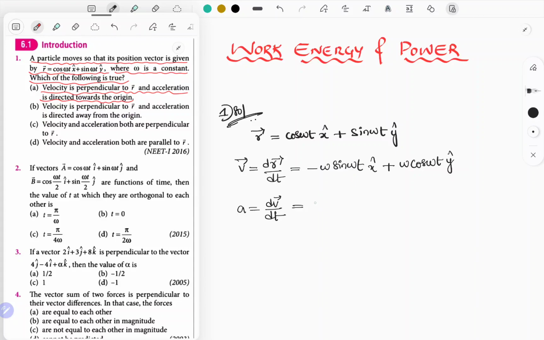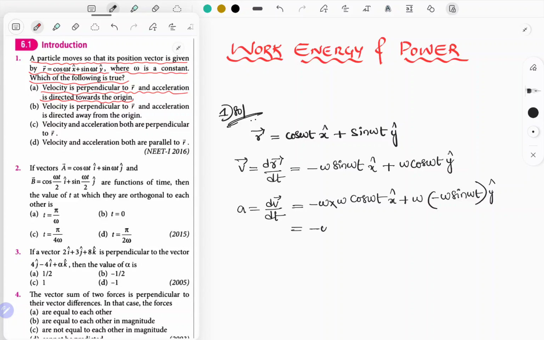That is going to be minus omega into sin omega t differentiation, omega cos omega t x cap, plus omega cos omega t differentiation, minus omega sin omega t y cap.